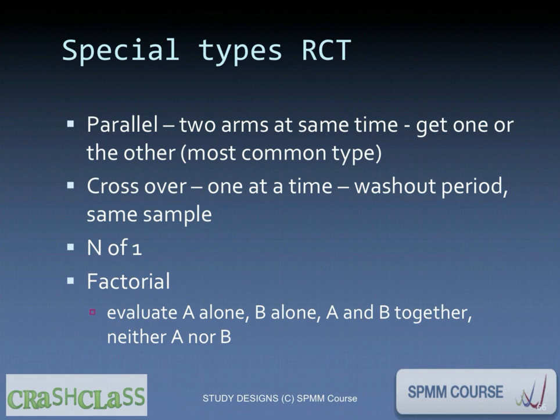You can tell the patient, look, I don't know which is best for you. I'm going to close my eyes, which means I'm going to be blind. I want you to be blind as well. Let's ask the pharmacist to give either the new treatment or the old treatment in an alternate fashion. So first 2 weeks you receive the new treatment randomly. Next 2 weeks randomly you will receive the old treatment.